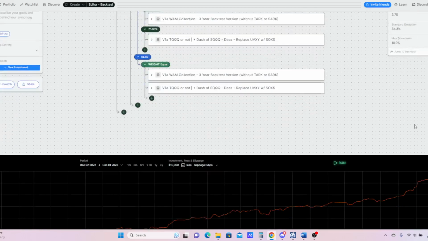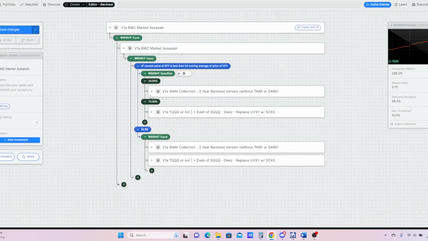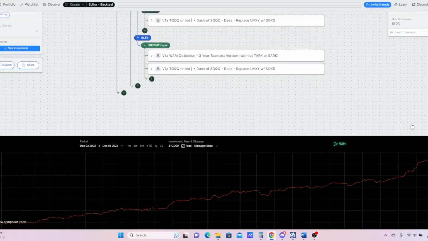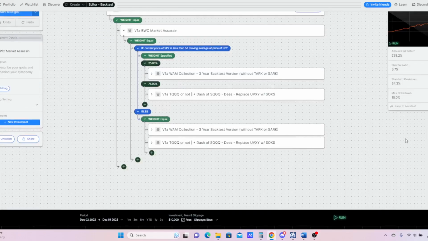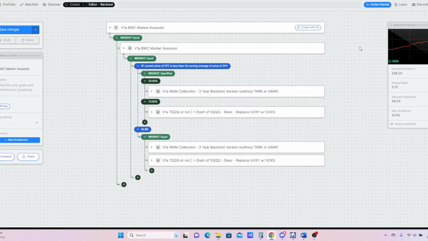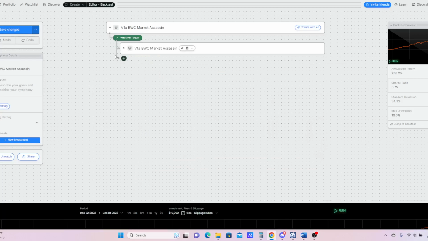To have relatively simple logic and only a 10% drawdown using 3x leverage over the course of a year, that's pretty impressive. And you can tell it's going to be high risk because of that 34% standard deviation. But yeah, I do like that one a lot.